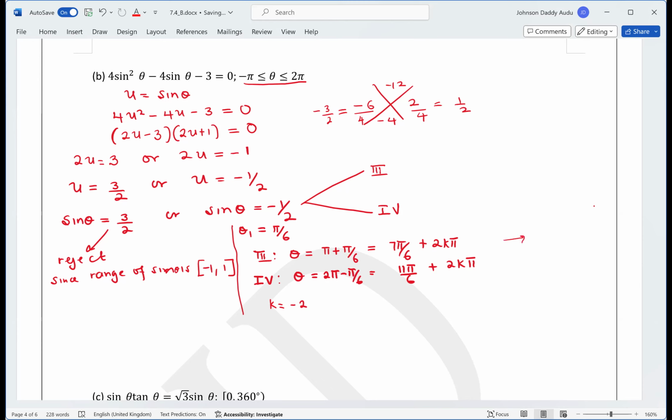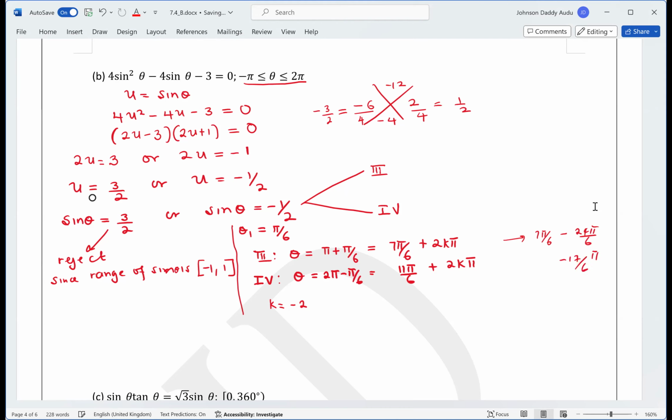From the third quadrant, you will have 7 pi over 6 minus 4 pi, because k is minus 2. You can multiply this by 6, so this will be minus 24 pi over 6, and this will give us minus 17 over 6 pi.